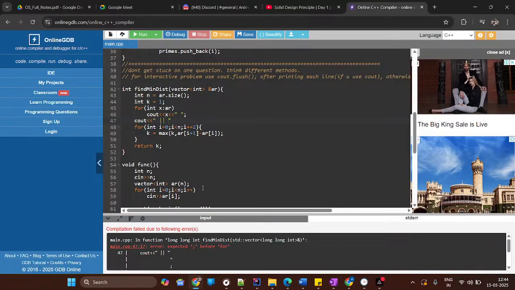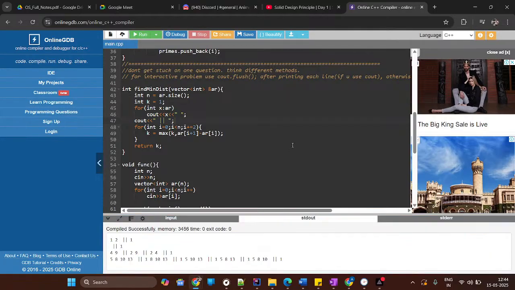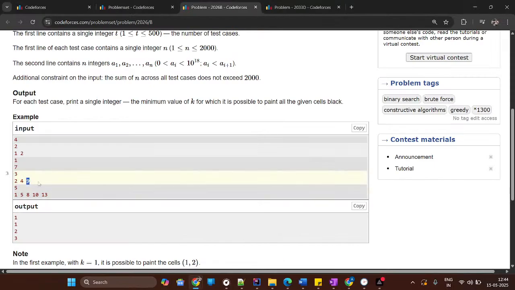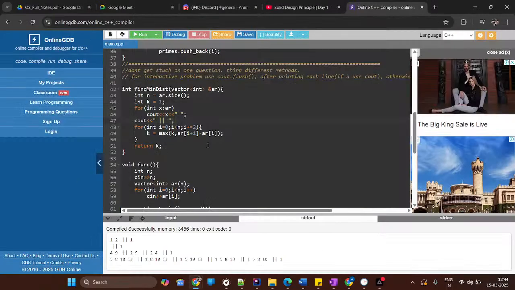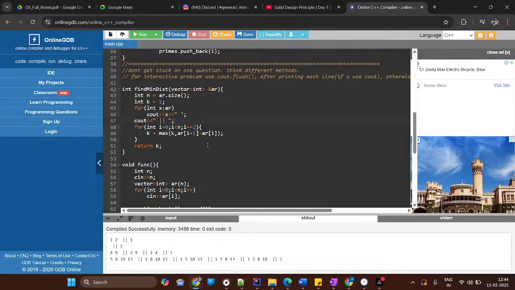Let's say if the vectors are getting printed properly. 492924. 492924. Okay, that is correct. And what is it returning?